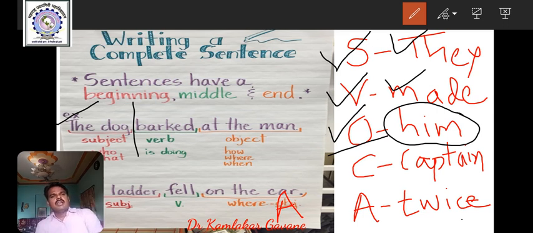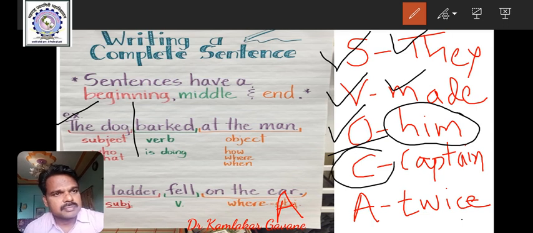Then the fourth element is complement. In the spelling of complement, see, complement is an example of a homophone. A homophone is a pair of words in which pronunciation is the same but the meaning is different.